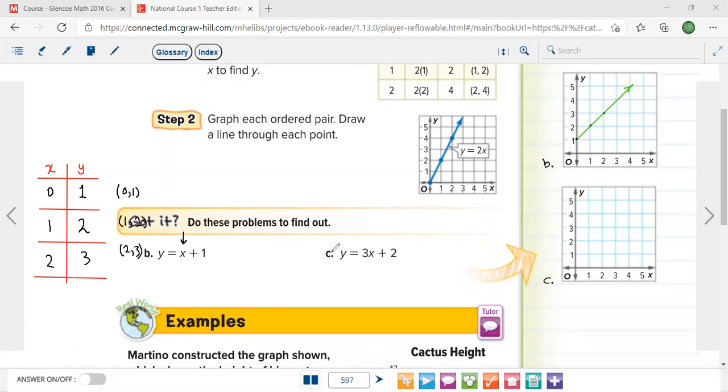Now let's graph problem C. I'll solve C here, and then I will graph it here. Also, I will make a table for x and y.